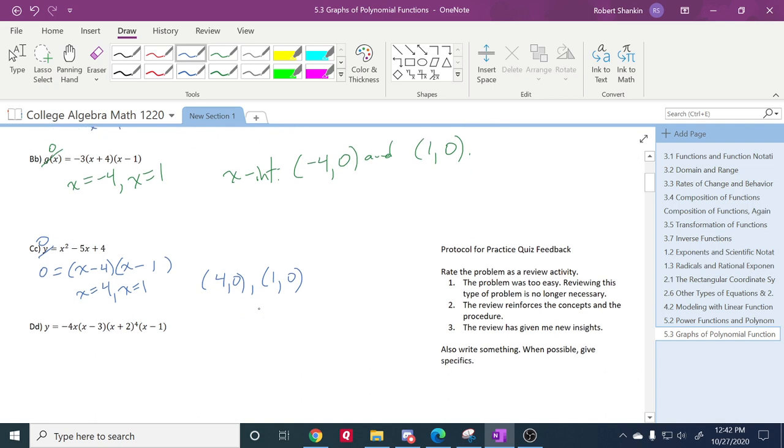And this next one, it's easy to overlook one part of this next one. 0, 3, negative 2, and 1. These are all x-intercepts, and they all have y-coordinates of 0.